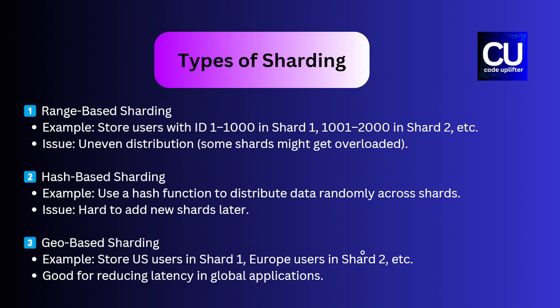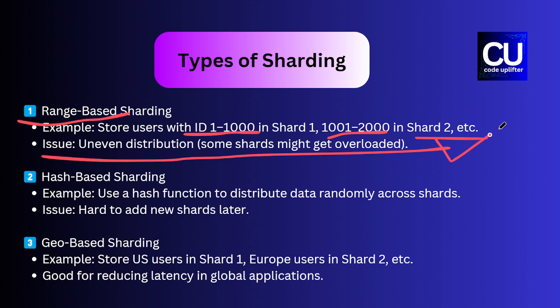Now if you look at different types of sharding, one is range based sharding. Let's say, for example, ID 1 to 1000 in shard 1 or 1000 to 2000 in shard 2. So in this way you can distribute. Now there is also one more, hash based sharding. What is hash?